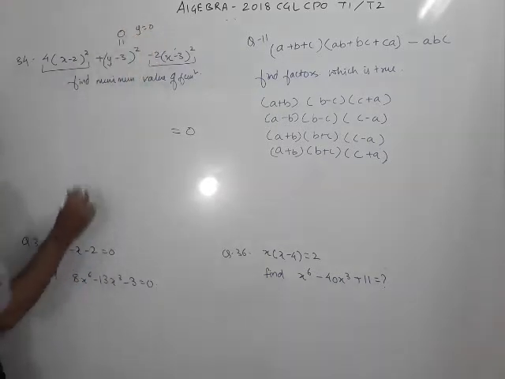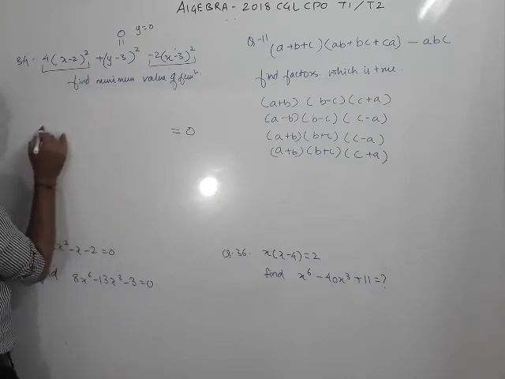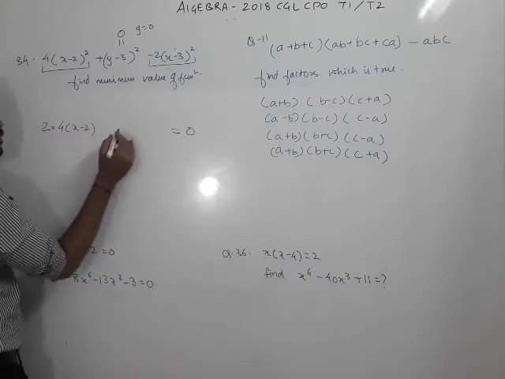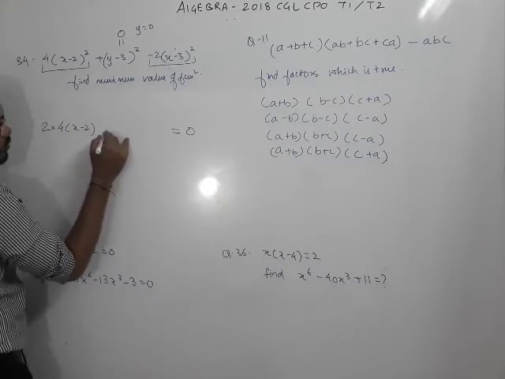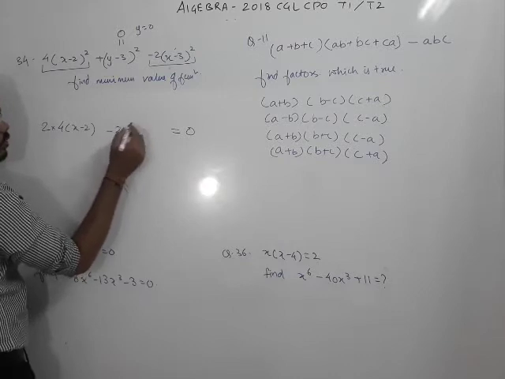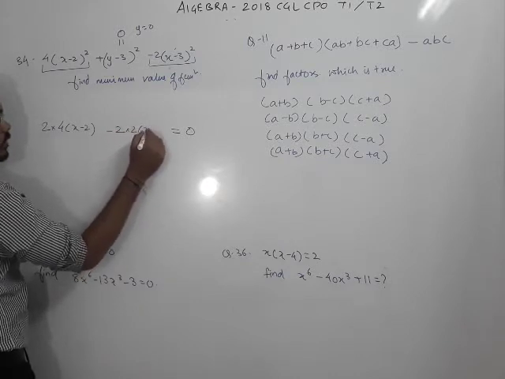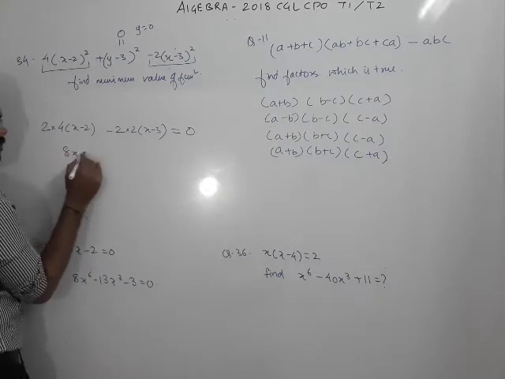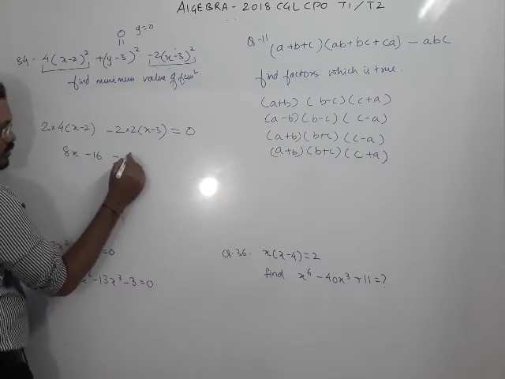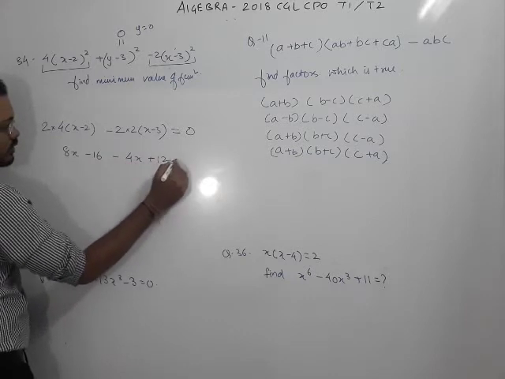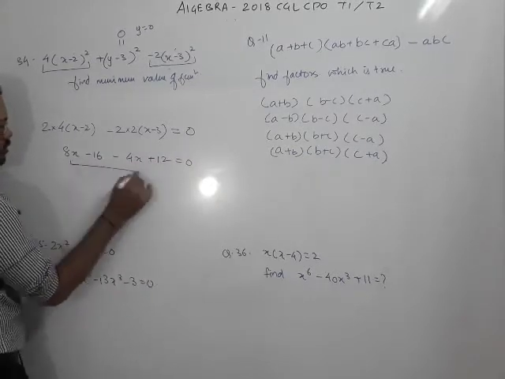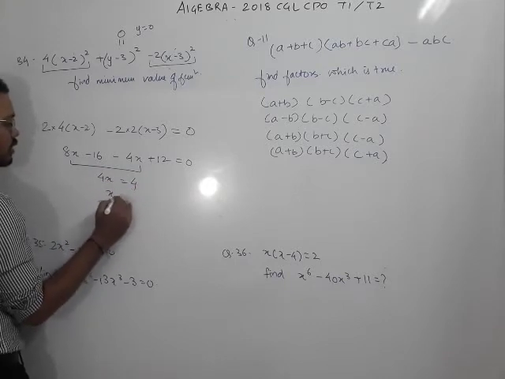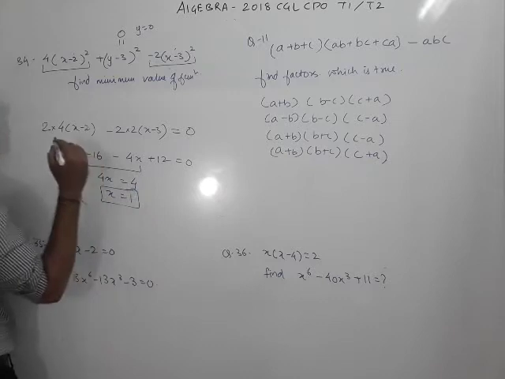Okay. So the derivative of this is going to be 2 multiplied by 4x minus 2, minus 2 multiplied by 2x minus 3, which is 8x minus 16 minus 4x plus 12 is 0. So this is nothing else, 4x is 4, x is 1.